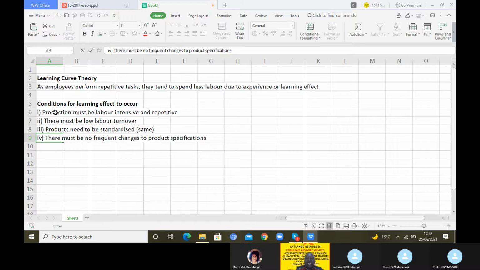I am simply saying, when you're doing the same thing over and over again, there's a tendency for you to spend less labor time due to experience. And that learning experience is what we are referring to as learning curve theory. Are we together?